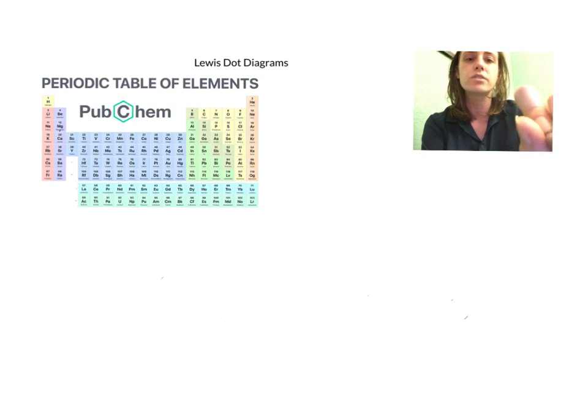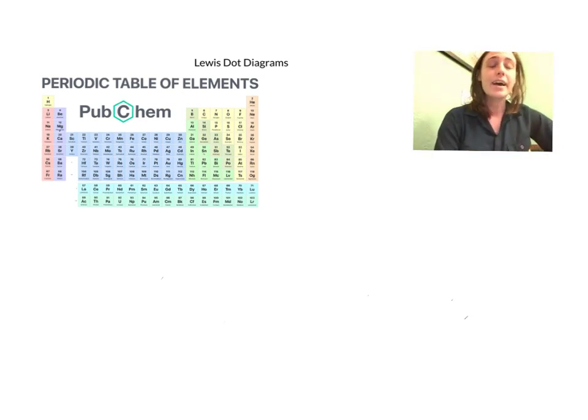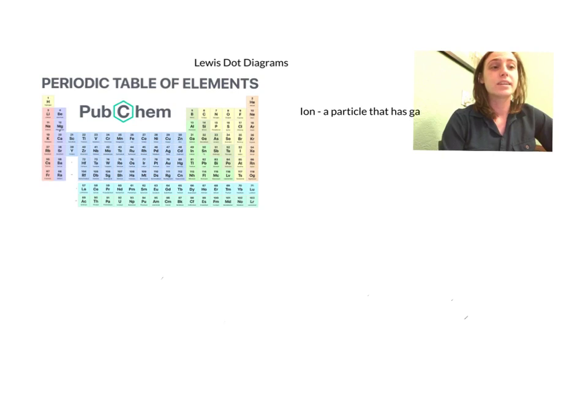So remember, just to recap, an ion is a particle that has gained or lost electrons, okay? Which means it is charged.